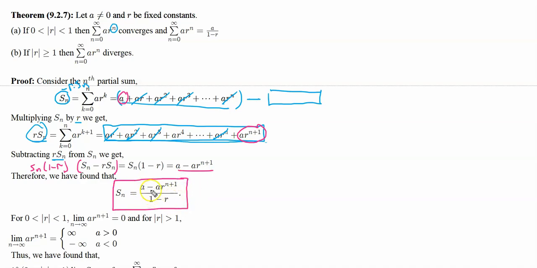So it's equal to a minus a times r to the n plus first power divided by 1 minus r. Remember, this 1 minus r is this one right here. Okay, now what we can do is we can take the limit as n goes to infinity of this quantity. Okay, so now we have this result down here. Let's just scroll down a little further.